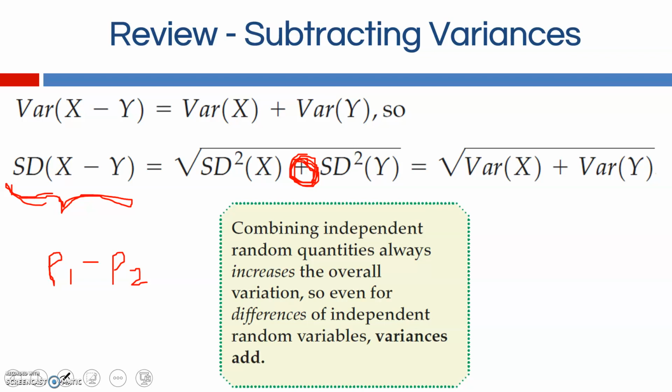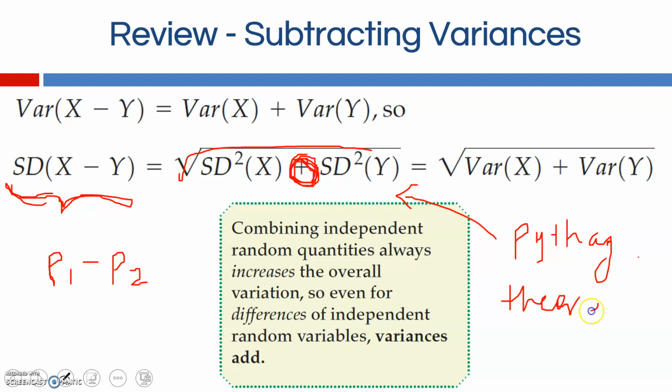So you actually never subtract. You end up adding. And then we talked about this. We called it the Pythagorean theorem of statistics. And that's just a little bit of the reasoning as to why you add two different standard deviations or standard errors and then take a square root.